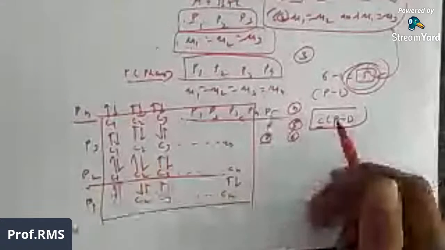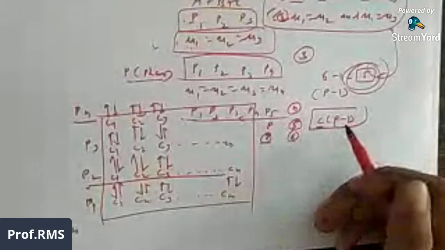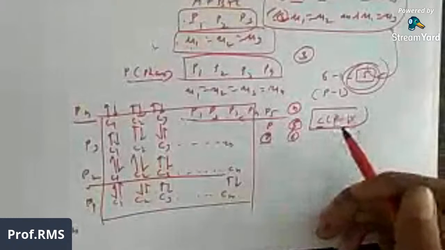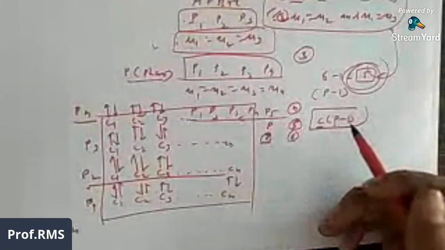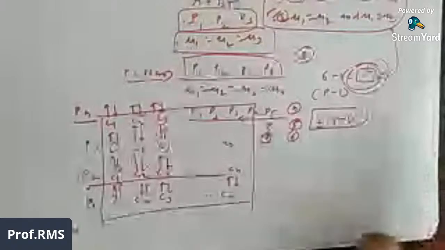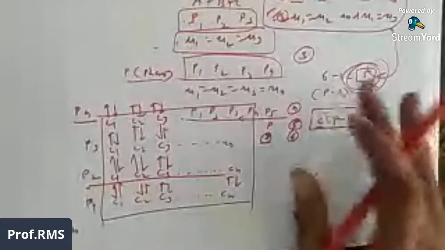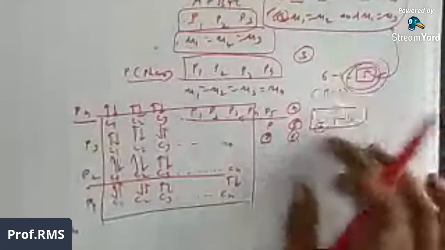What is c into p minus 1? It is a relation between the variables. As per your textbook, it is the total number of non-variables, but actually it is the relation between the variables. What is the relation?